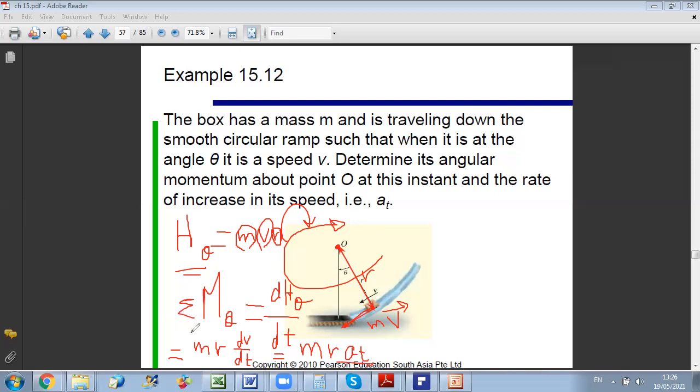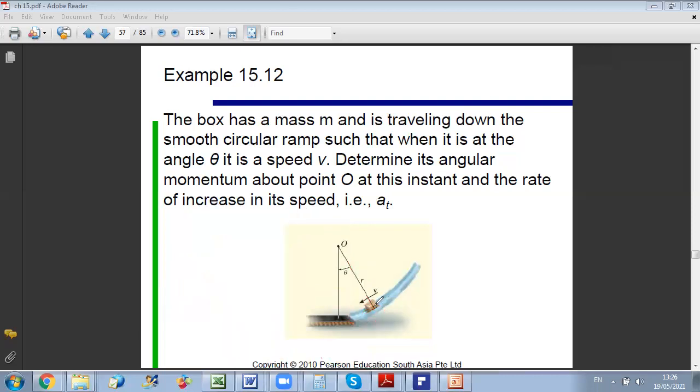I will find what the sum of moments about O is. To find it, I should draw the free body diagram of my particle. So let us do it. This is my particle. What are the forces acting on it? I have the weight, W, and I have the normal reaction, N. As you can see here, while moving through the circular track, N always passes through the center of rotation O. So no moment for N about O. I will only have the moment of the weight.